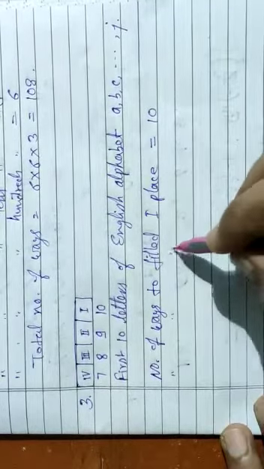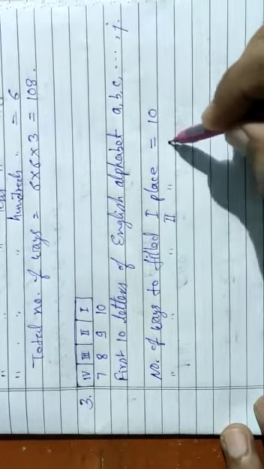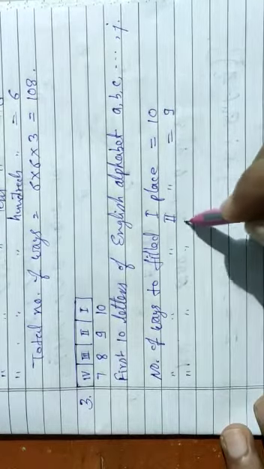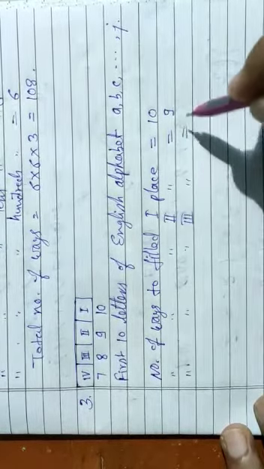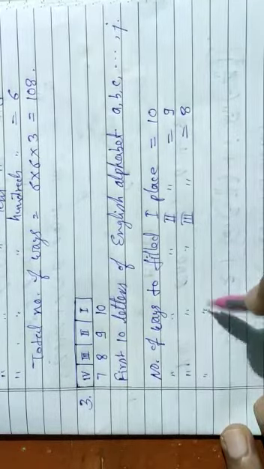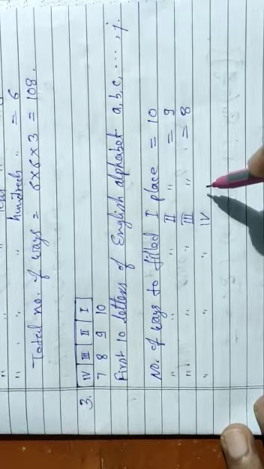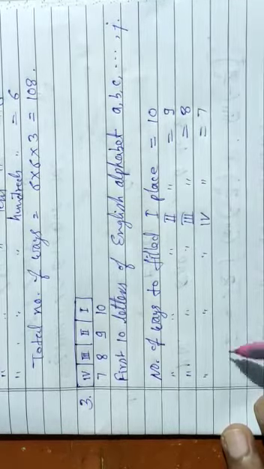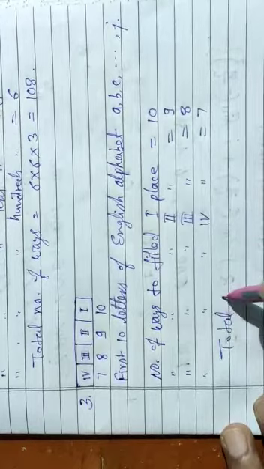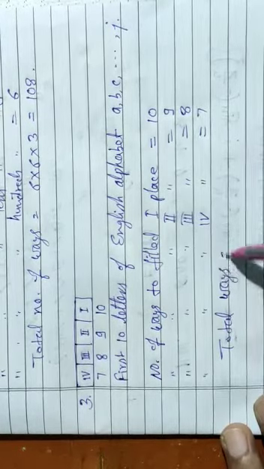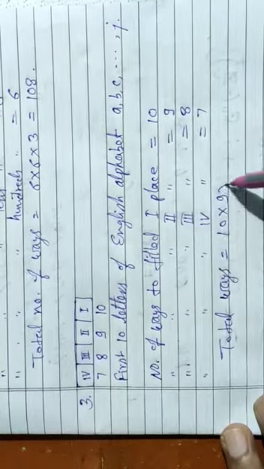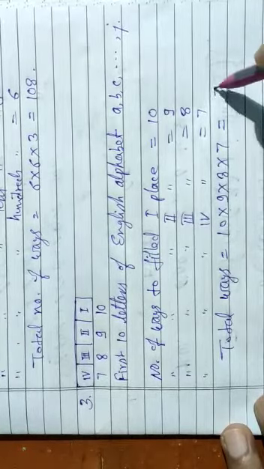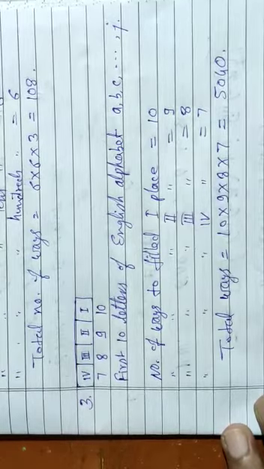Similarly, the number of ways to fill the second place equals 9. The number of ways to fill the third place equals 8, and similarly the number of ways to fill the fourth place equals 7. So total ways equals 10 into 9 into 8 into 7, so equals 5040 ways.